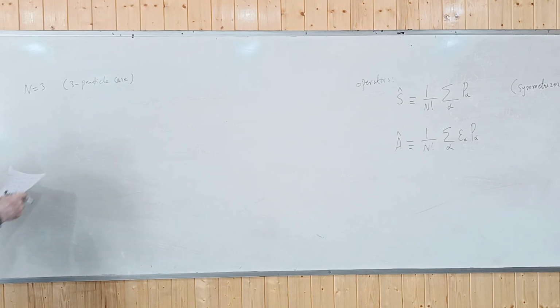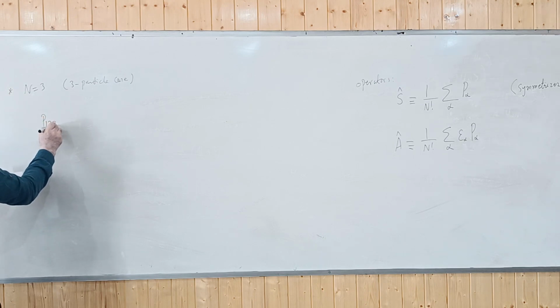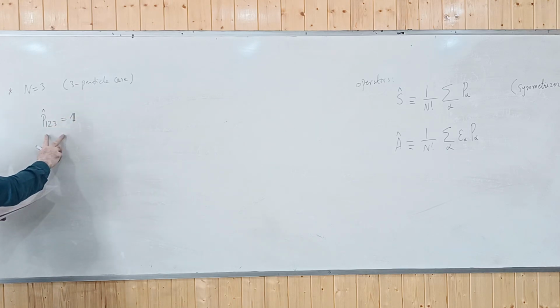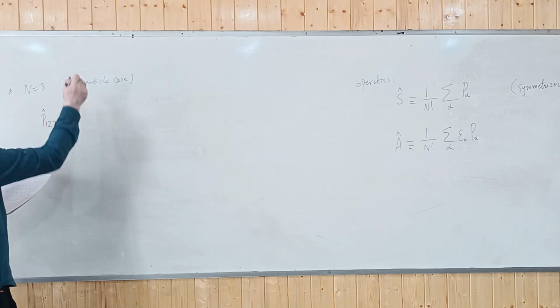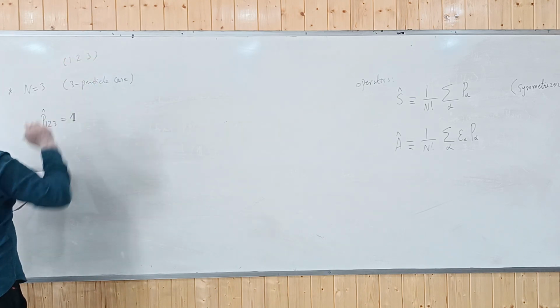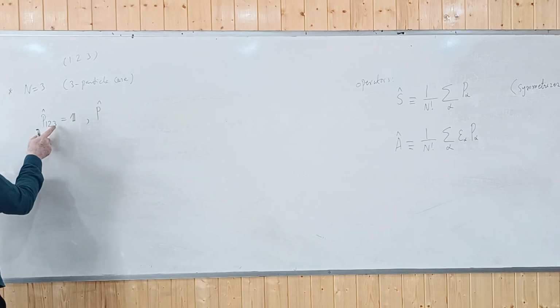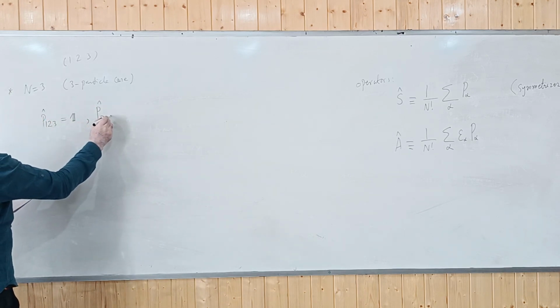So the first permutation is what? 1, 2, 3, P123. Clear? This will simply be identity, so you are doing nothing with the system, with your ordering. These are your particles 1, 2, 3. The next one, do it in cyclic order: P312.